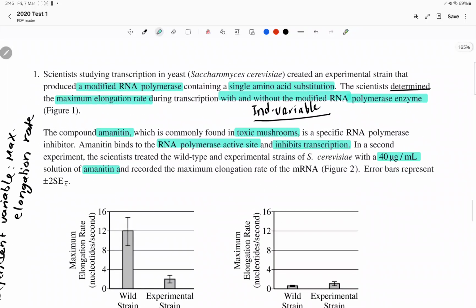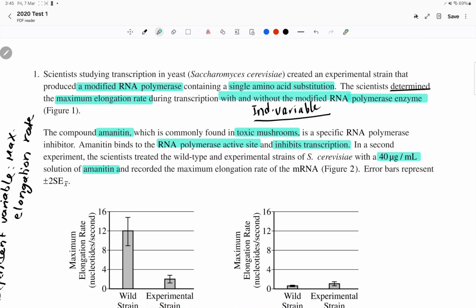Look, the scientists are studying the modified RNA polymerase in a strain that's called the experimental strain. That's number one. Number two, how is it modified? It has a single amino acid substitution. How would they know the ability of the working of the RNA polymerase?